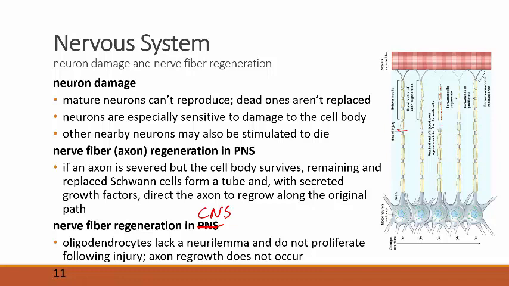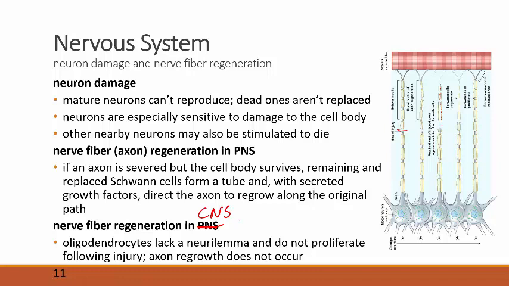They do not have the neurolemma, and so when the nerve fiber degenerates, then frequently, or all the time, that wrapping of the myelin sheath is also lost, and so there's no proliferation, and so axon regrowth does not occur in the central nervous system.